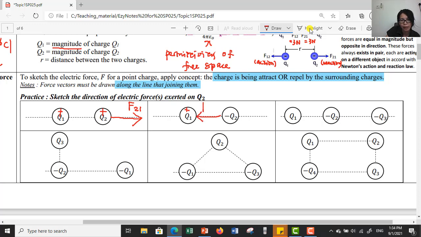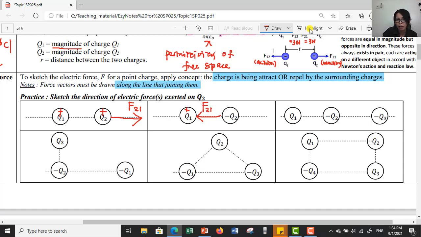So saya label sebagai F21. So ini adalah force yang bertindak ke atas Q2 disebabkan oleh Q1. Dia akan attract Q2. So ini adalah vektor electric force yang bertindak ke atas Q2.